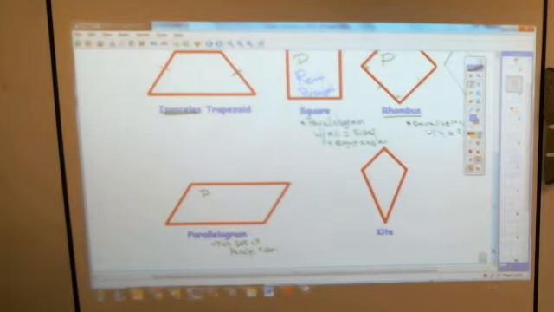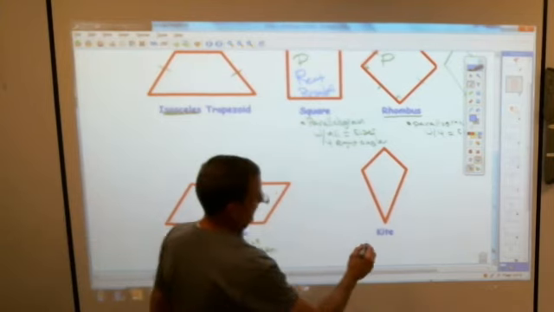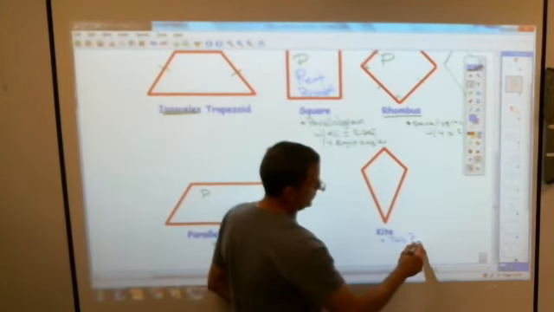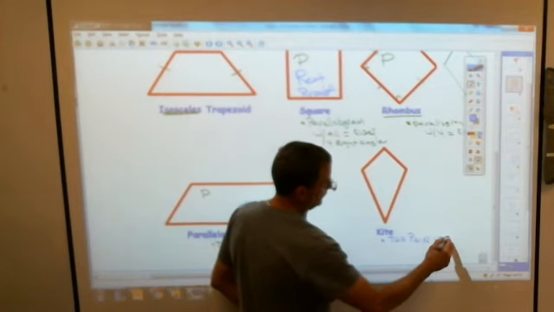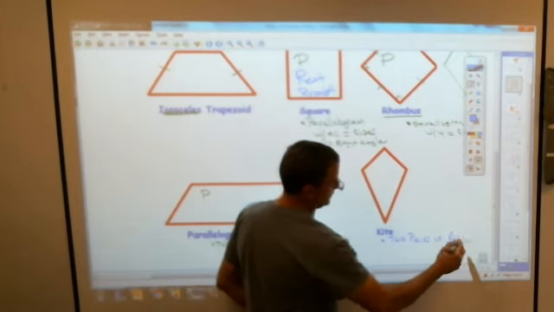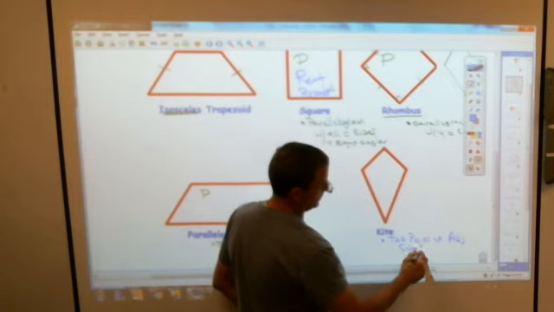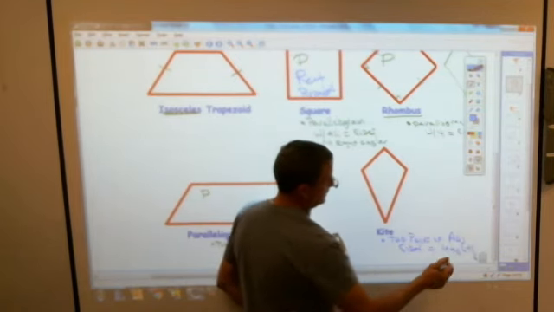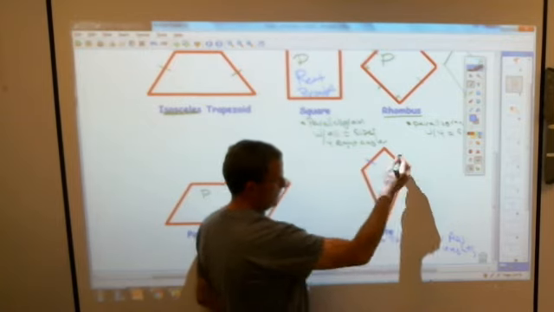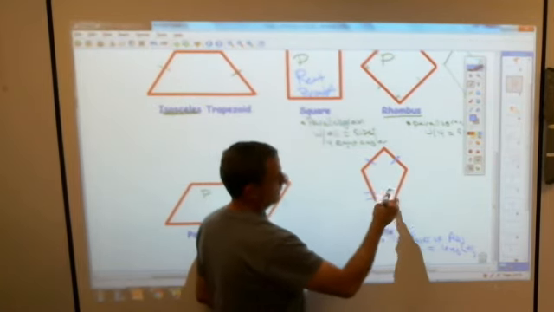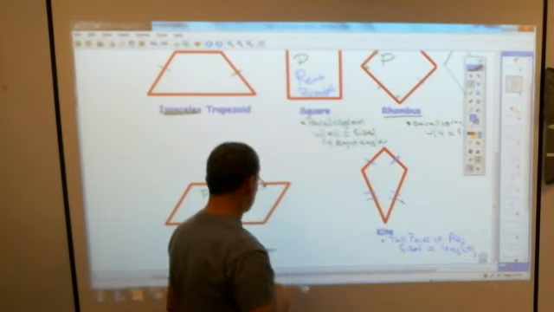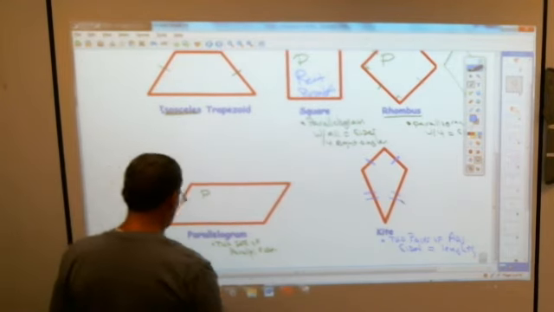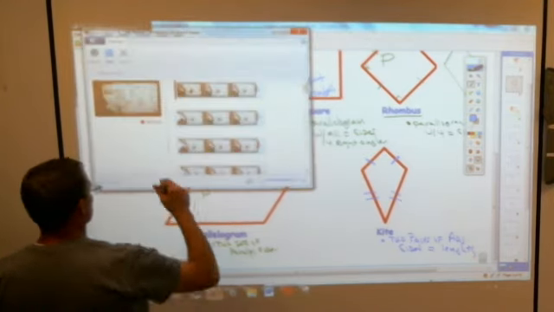Two pairs of adjacent sides of equal length, which simply means this side and this side are equal, and this side and that side are equal. That, ladies and gentlemen, I wish we had more time.